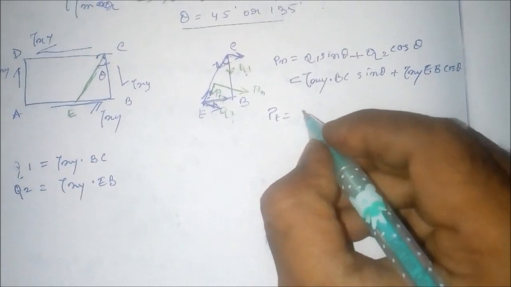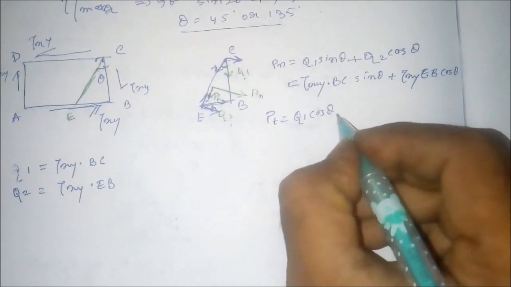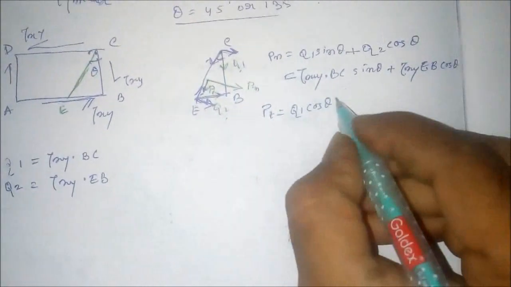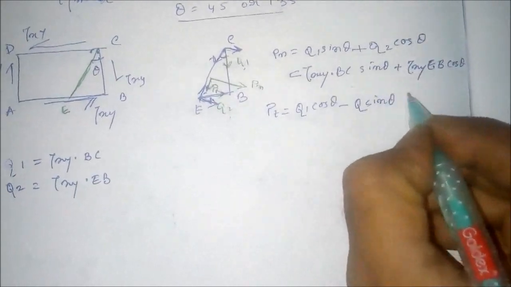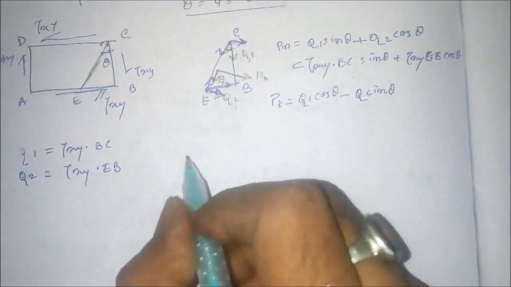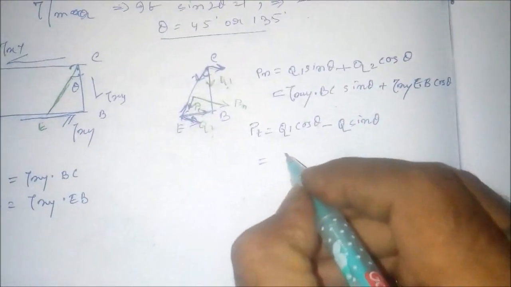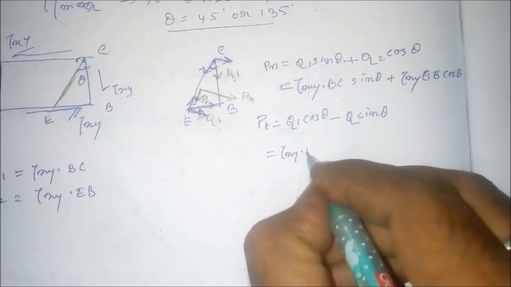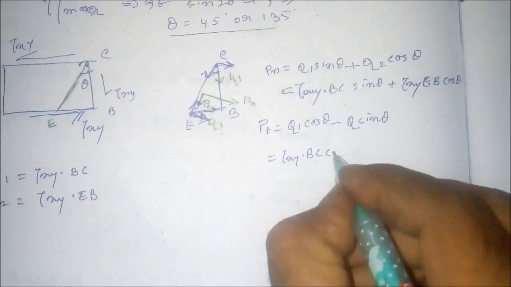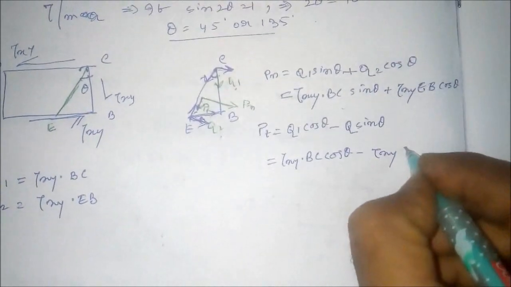So basically this value will be equal to Q1 cos theta minus Q2 sin theta, because in this case this angle is theta, right? Putting the values of Q1 and Q2 there, we get tau xy into BC cos theta minus tau xy into EB sin theta, right?